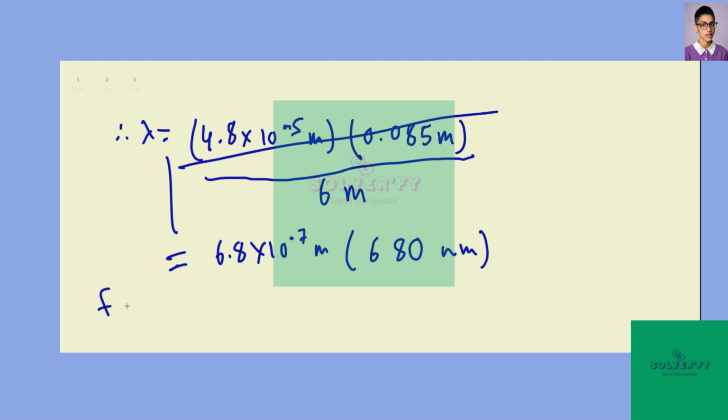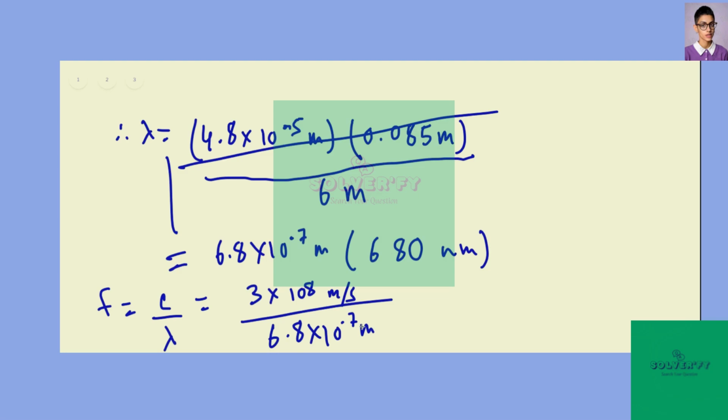And since we know that frequency is equal to speed, which in this case is the speed of light, over wavelength, we have frequency equals 3 times 10 to the 8 meters per second over the wavelength we just found, which is 6.8 times 10 to the negative 7 meters, giving us 4.4 times 10 to the positive 14 hertz as the frequency.